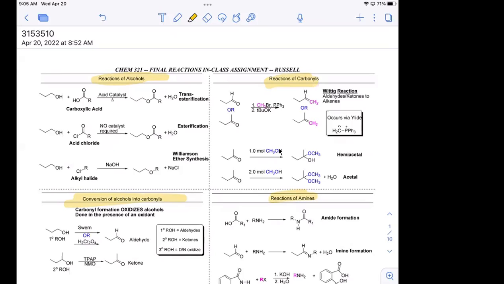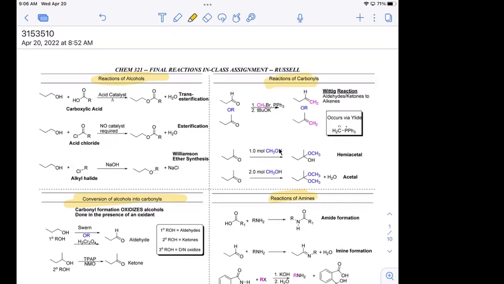And normally I would go through all the mechanisms for these reactions, but I'm not going to do that for each and every reaction. All right. So for the alcohol reactions up top, once we see the one mechanism, then that mechanism is going to be applicable to the other reactions as well. So it's really the same set of arrows. It's the same with the carbonyl reactions.